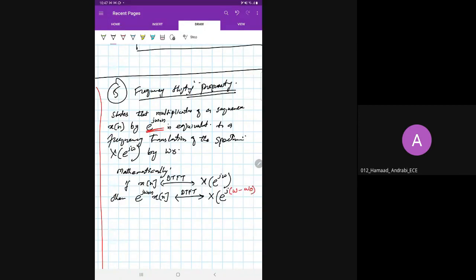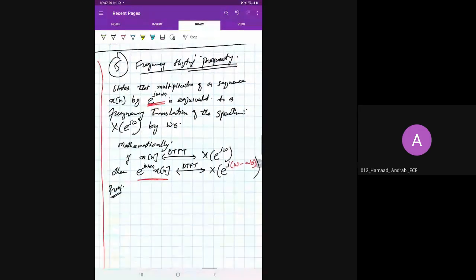That is what the Fourier transform will be if we multiply any signal by e raised to the power j omega naught n. It will result in a shift in the spectrum. Okay, let us try to see what that means. First, we'll try to understand how this will happen.